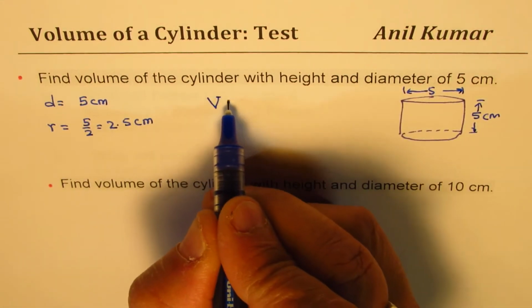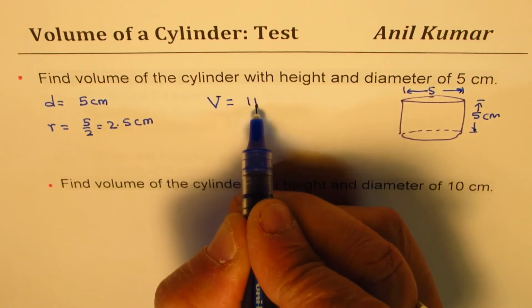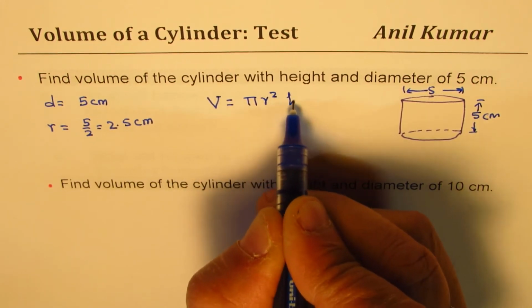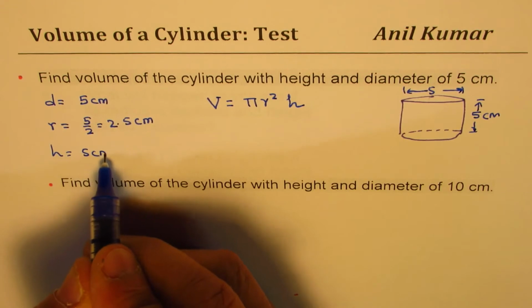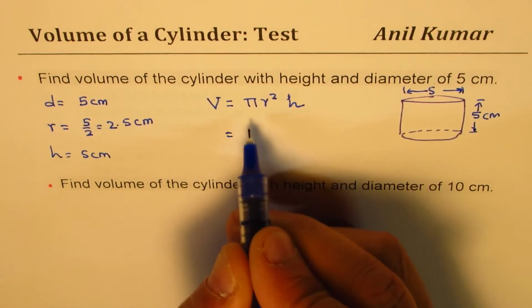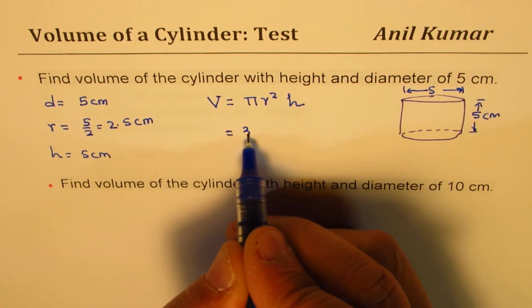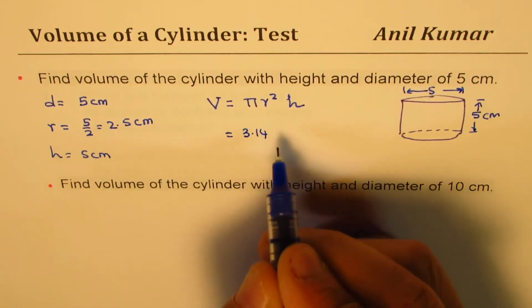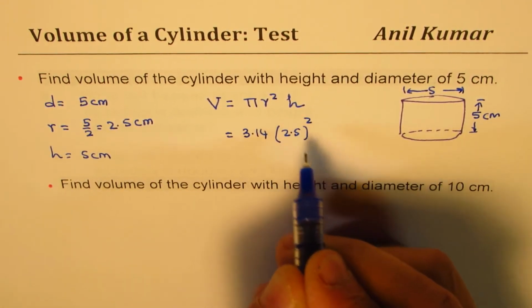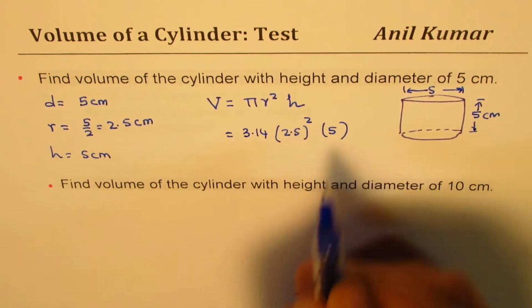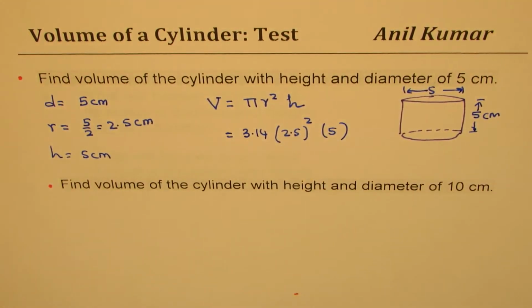The formula for volume, as you know, is pi r square h. Height is also equal to 5 centimeters. So we can calculate this with pi as 3.14. I'm writing 3.14 times 2.5 whole square times height of 5, and we can now calculate this value, right?